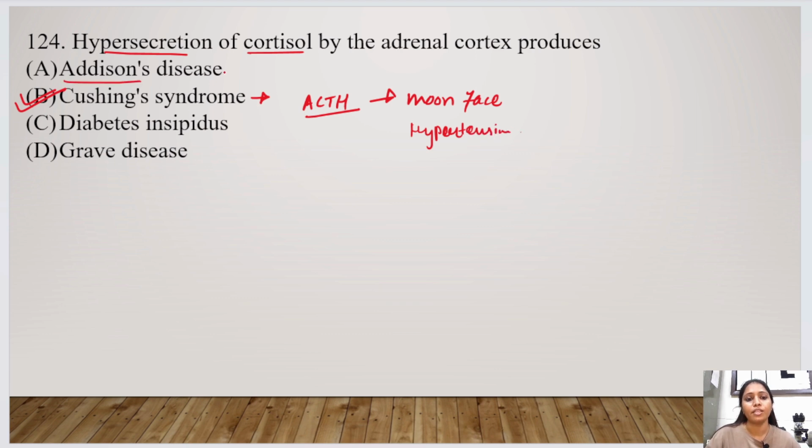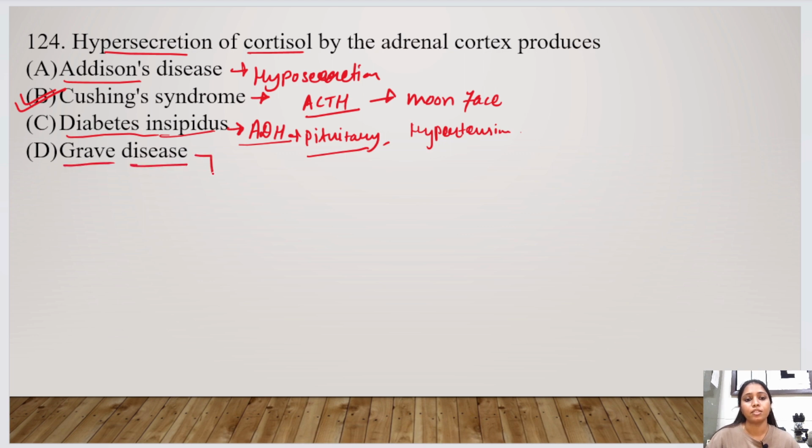If we talk about Addison's disease, this is the hyposecretion of cortisol and aldosterone, not hypersecretion. Diabetes insipidus is related with antidiuretic hormone and is related with the kidney and pituitary gland. Antidiuretic hormone or vasopressin is secreted from the posterior pituitary gland, so this is not the answer.